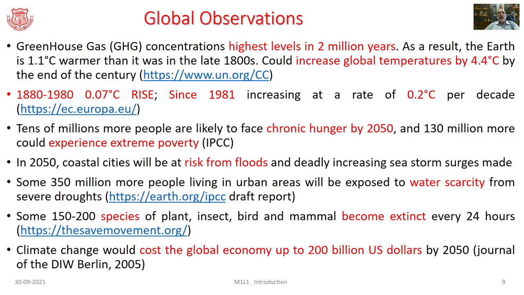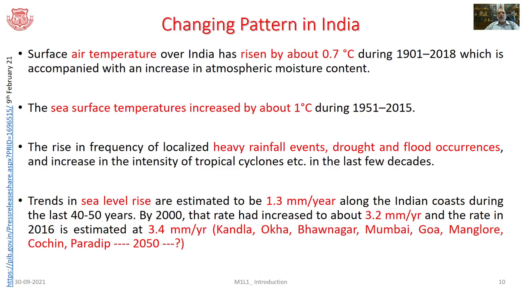In line with these global observations, it is worthwhile to understand the changing patterns in India. The surface air temperature over India has risen by about 0.7 degrees centigrade during 1901 to 2018, which is accompanied by an increase in atmospheric moisture content.